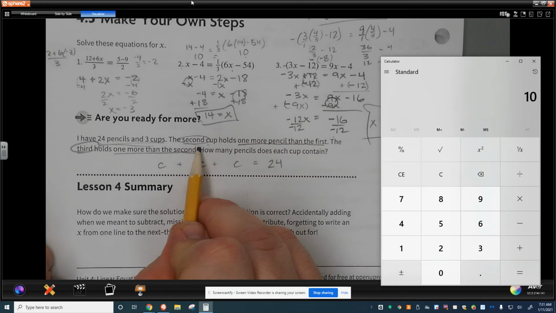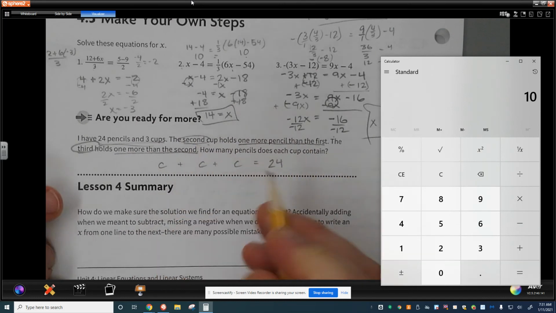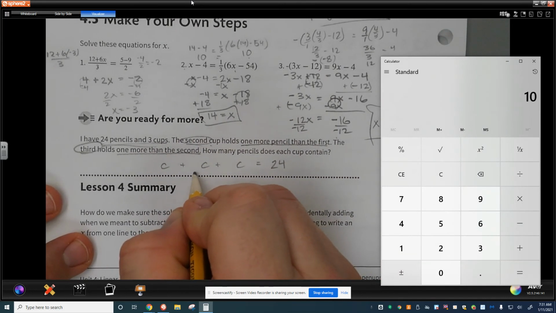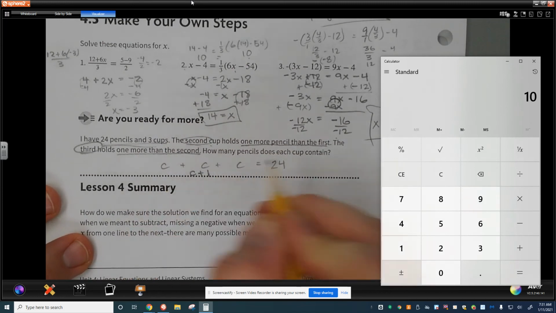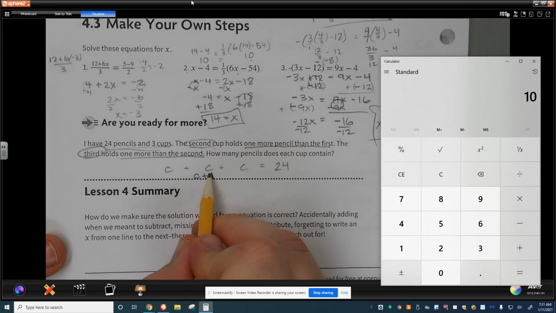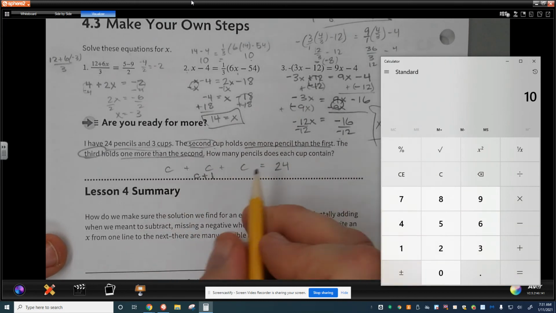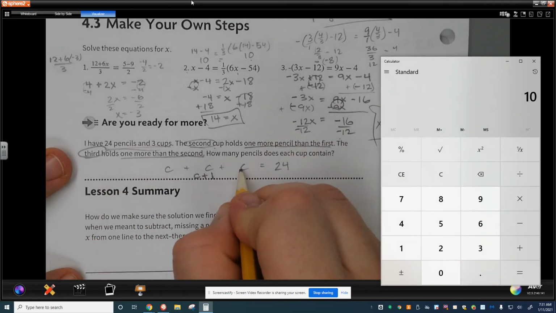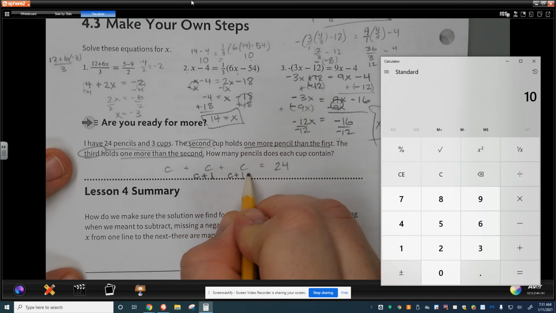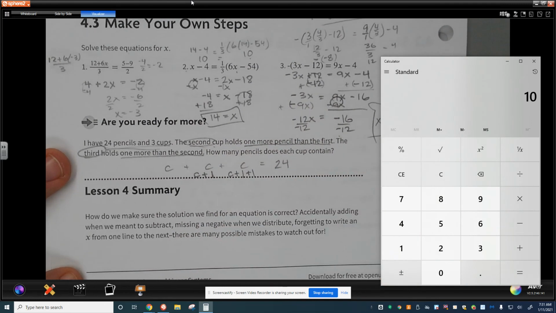So the second cup holds 1 more pencil than the first. That's going to change this one right here to cup 1 plus 1. So cup 2 is really going to be C plus 1. And cup 3 holds 1 more than the second, so that one is the value of cup 2 plus 1 more pencil.